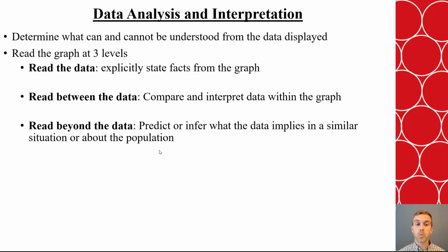We want to be able to read between the data, where we're comparing and interpreting data within the graph. And then we want to be able to read beyond the data, where we can predict or infer what that data may imply about a similar situation, about the future, or about the population as a whole, because often our data is from a sample.